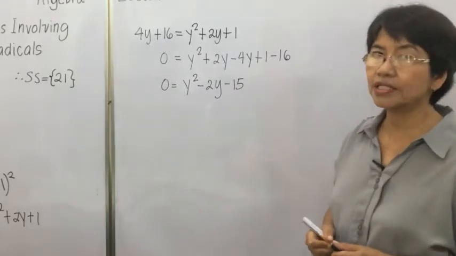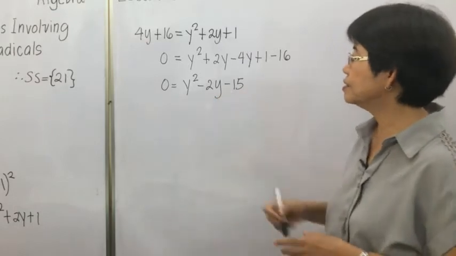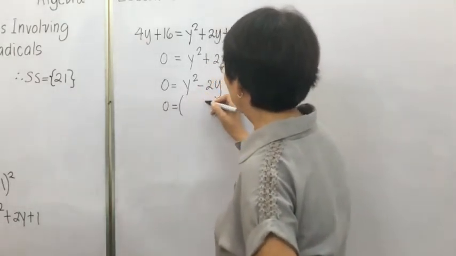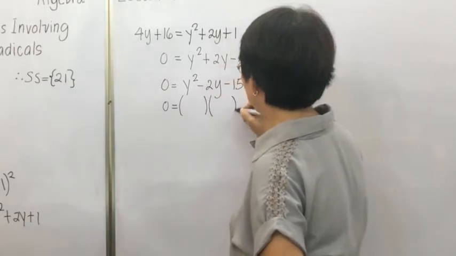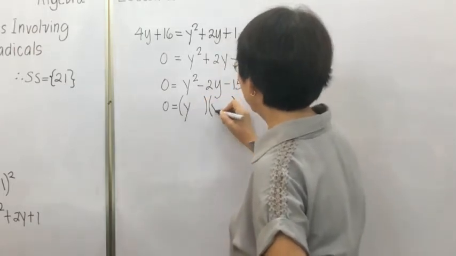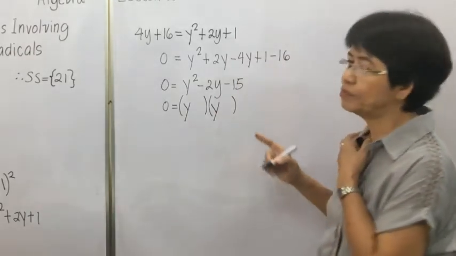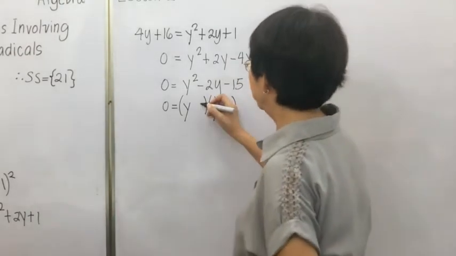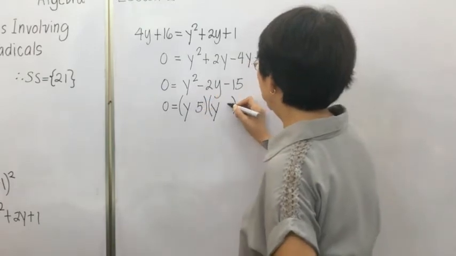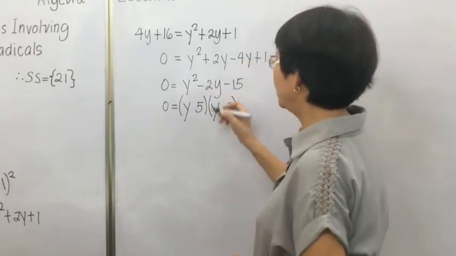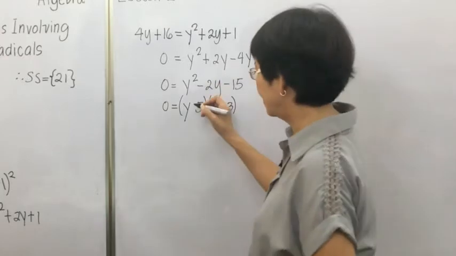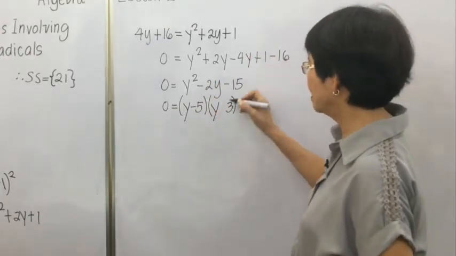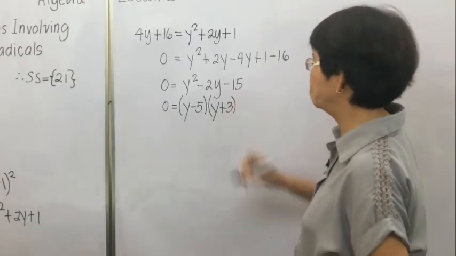Then we factor this expression. So we have y, then 15 can be factored as 5 and 3. And we will adopt the negative sign for 5, negative 5, and positive sign for 3.